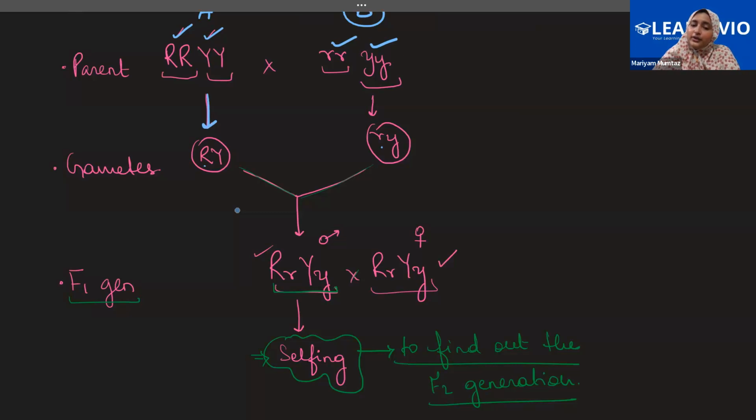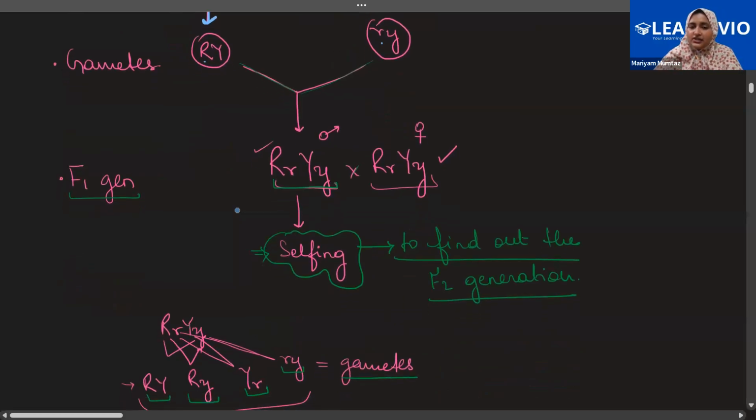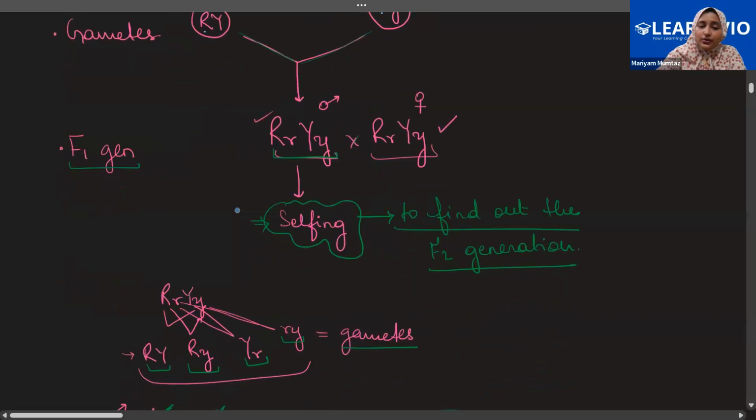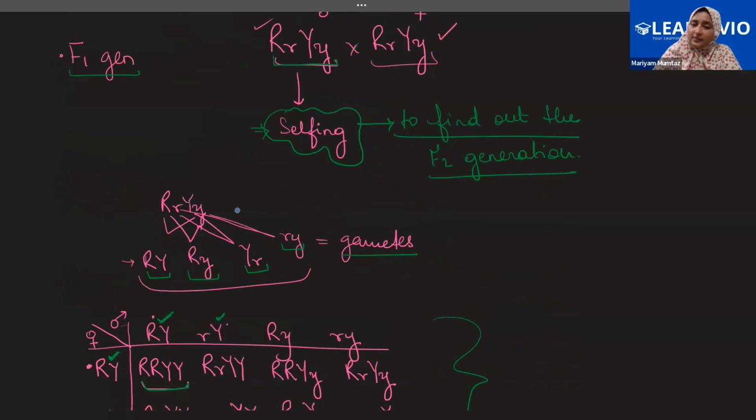Now, we do selfing to find out the F2 generation. Selfing means self-fertilization. Since both of the genotypes are the same, we take out the gametes yet again.